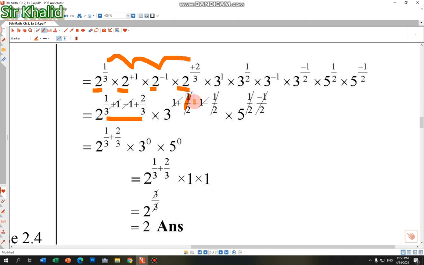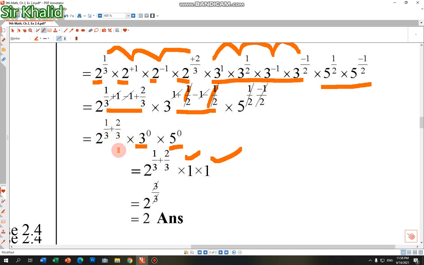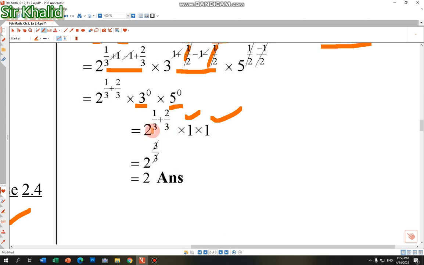Now for 3, the bases are the same, powers will be added, and the same is the case with 5: 1/2 minus 1/2. So 3 power 0 will be 1, 5 power 0 will be 1, and 1/3 plus 2/3, since the denominators are the same, numerators will be added, 1 plus 2 is 3, 3/3, it will give you the answer 2.